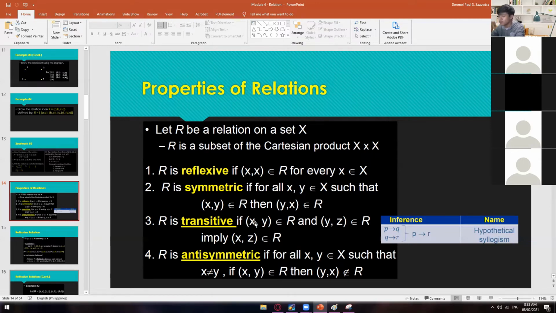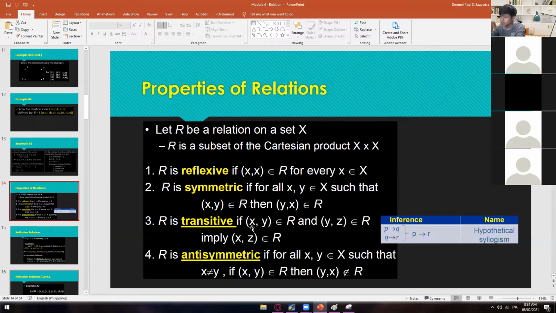Meaning, once you have found that you have this kind of ordered pair, x, y and then y, z, wherein they have the same element y, then you can come up with an x, z, or another ordered pair.